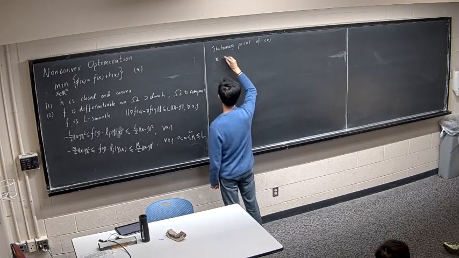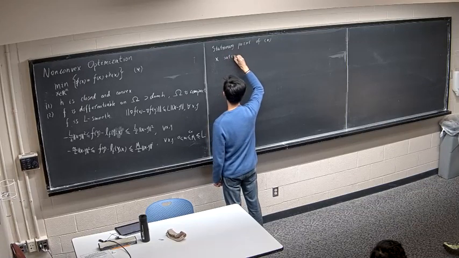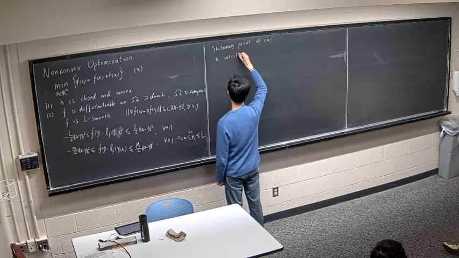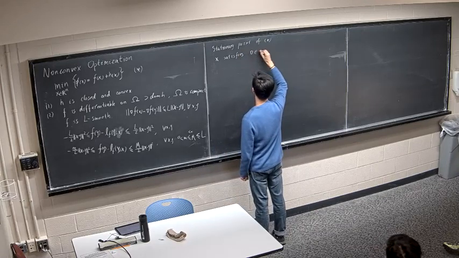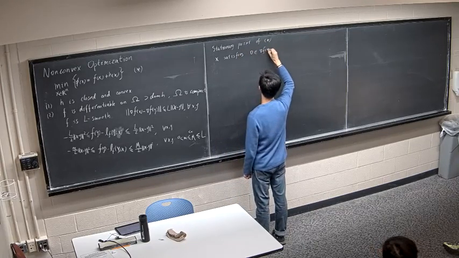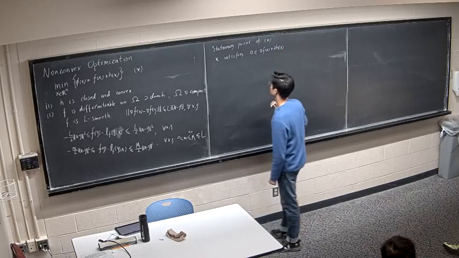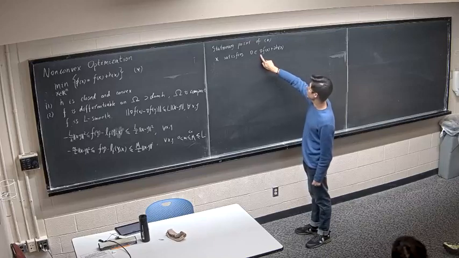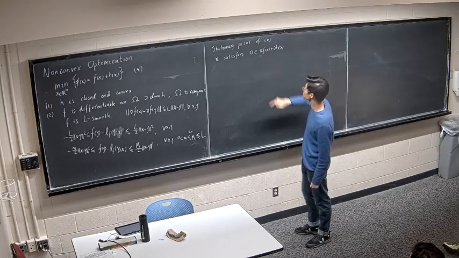The point x should satisfy 0 belongs to the subdifferential, right? If a point x satisfies this condition, then it's a stationary point. It's just saying that the gradient or subgradient is 0.